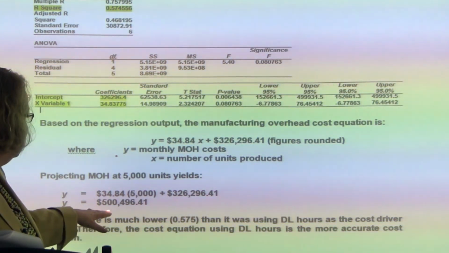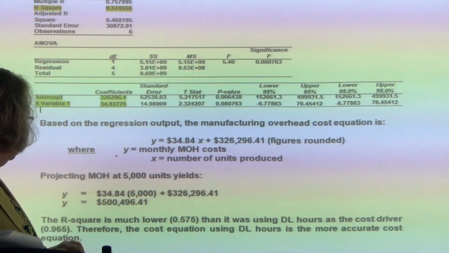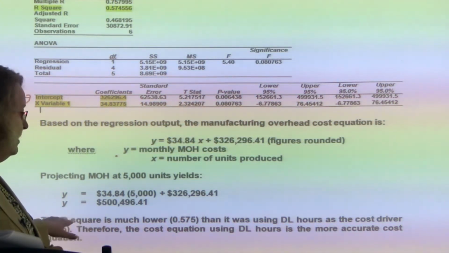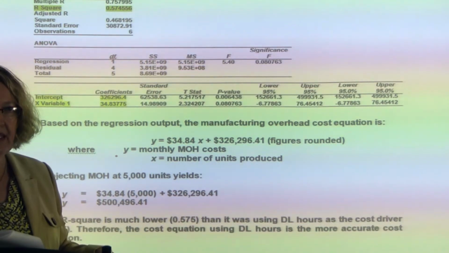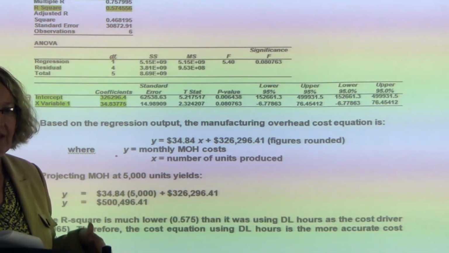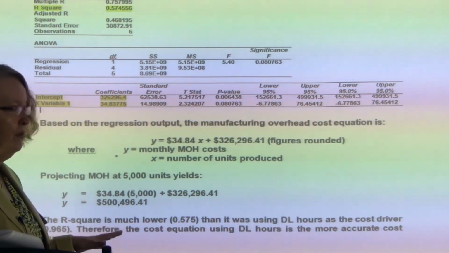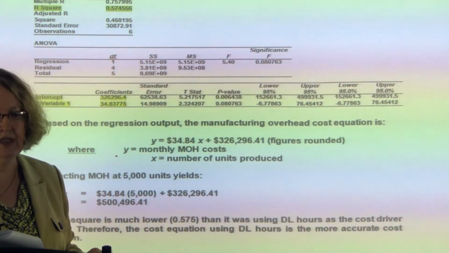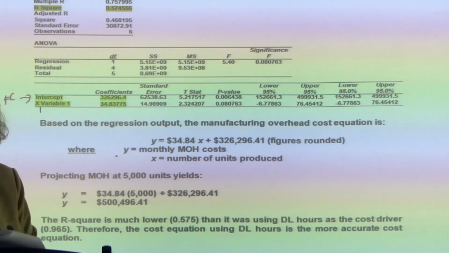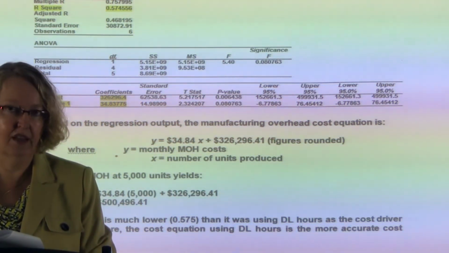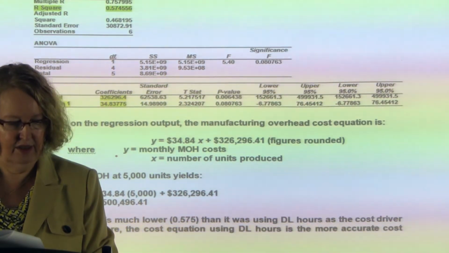It would be 500,096. Because the R-square is so much lower, 0.57 versus 0.96, it's not as good a predictor of your total cost as direct labor hours would be. So you really wouldn't recommend to the company to use the number of units as the driver here.